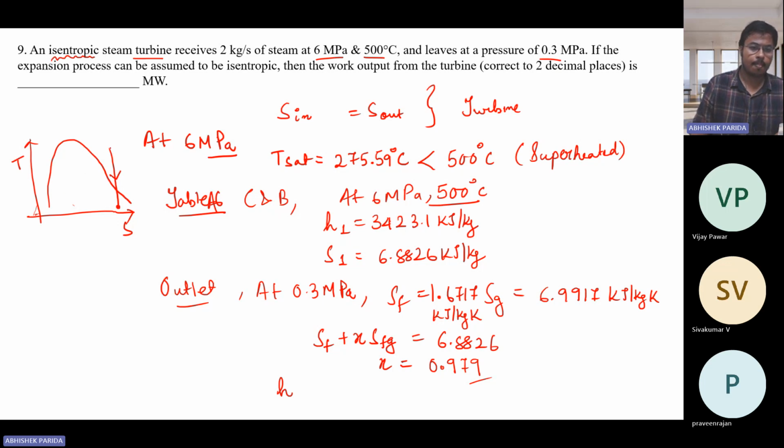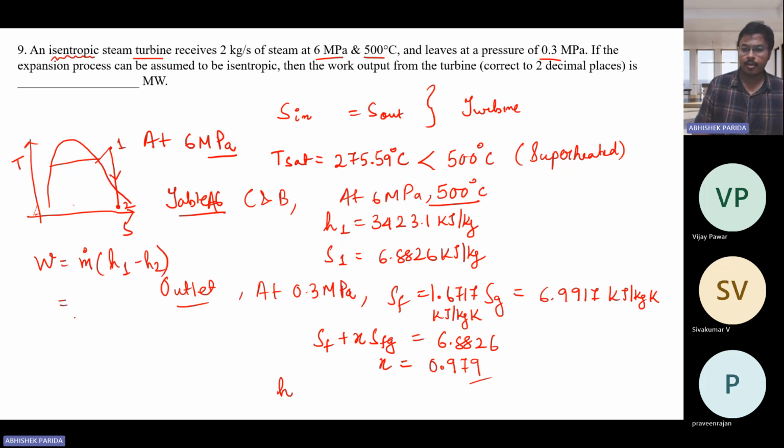This is 1, this is 2. Now what is the work done? Work done is nothing but m dot h1 minus h2.